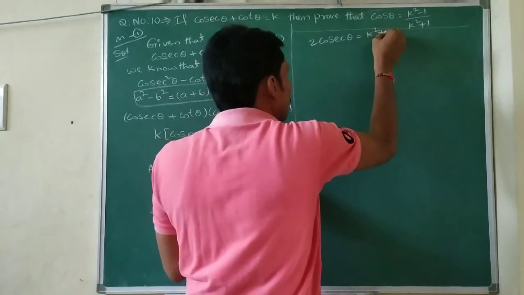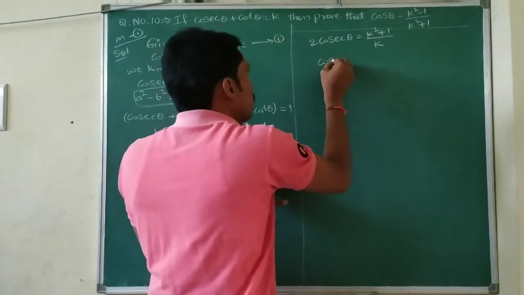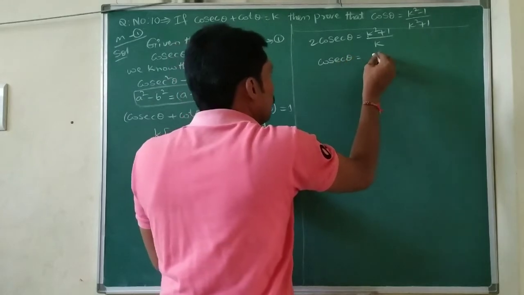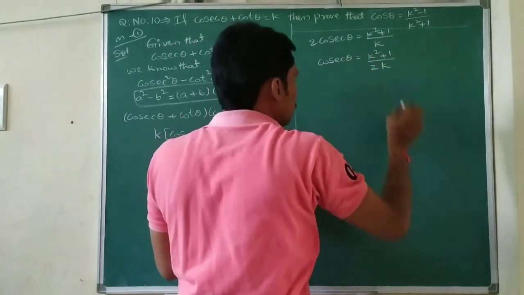So 2 cosec theta equals (k square plus 1) by k. This 2 you can transpose to the right: cosec theta equals (k square plus 1) by 2k, we are getting.